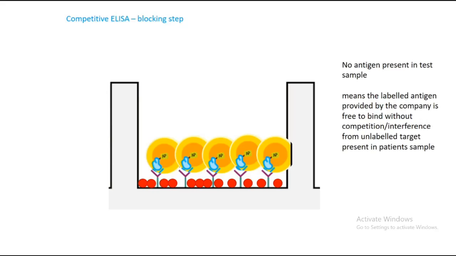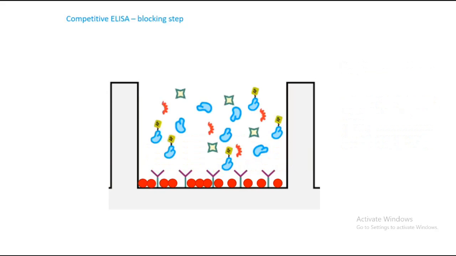No antigen present in the test sample means the labeled antigen provided by the company is free to bind without any competition or interference from unlabeled target present in the patient sample. Now, what happens when your blood sample does have target present? You add the blood sample, you also add the labeled target provided by the company, and they both have to compete for the detection antibody.